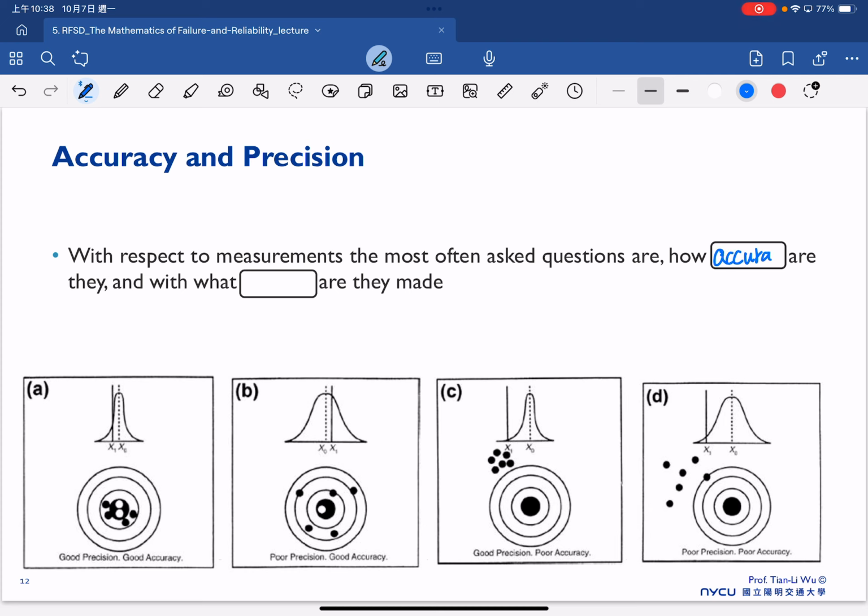And second, it's a case where we have the poor precision but a good accuracy. So this case has a poor precision due to the larger sigma.